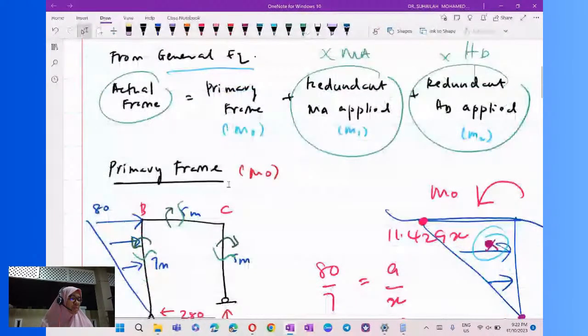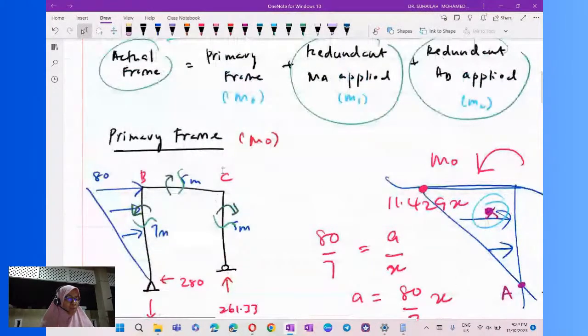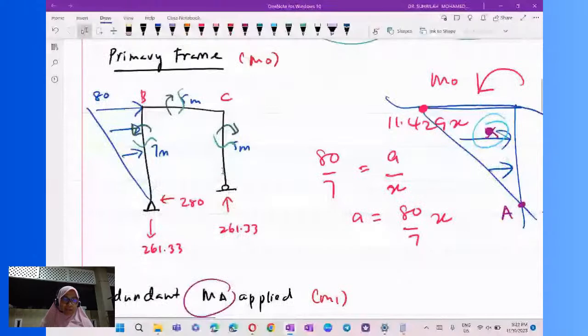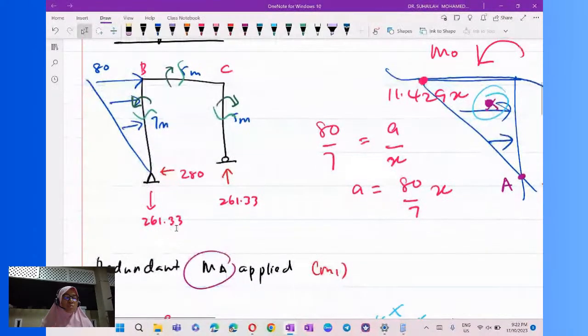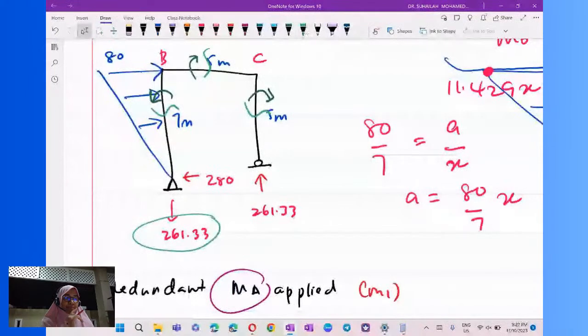So we are going to determine AY. AY in the primary frame is negative 261.33.